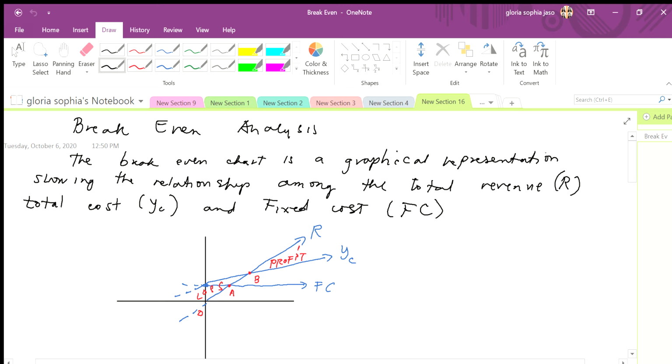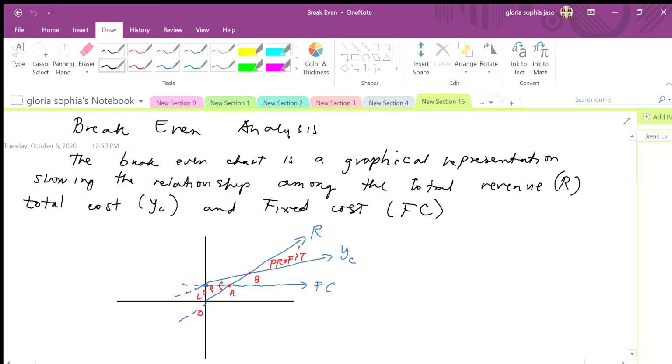Okay, so for today's topic, we will discuss the break-even analysis. The break-even chart, illustrated here, is a graphical representation showing the relationship among the total revenue, total cost, denoted as Y sub C, and the fixed cost, denoted as FC.